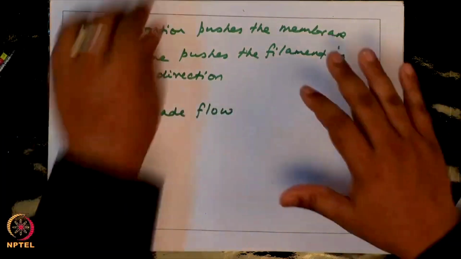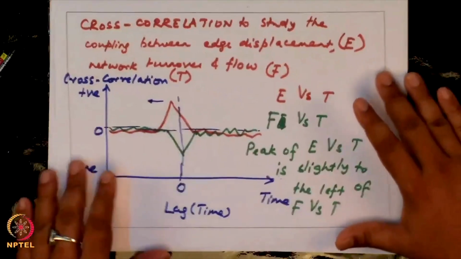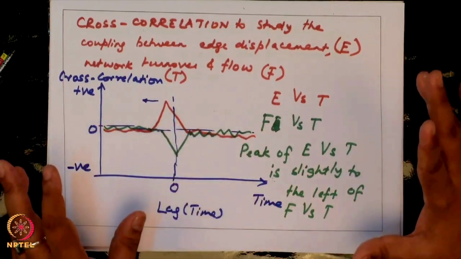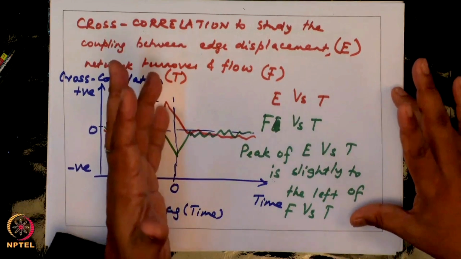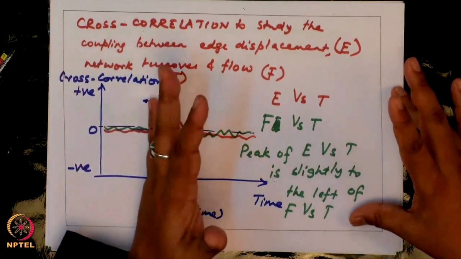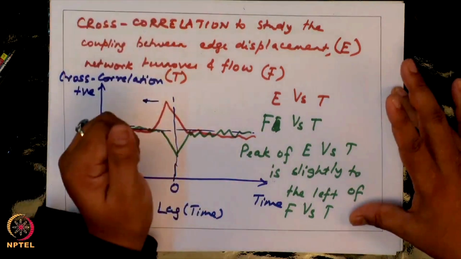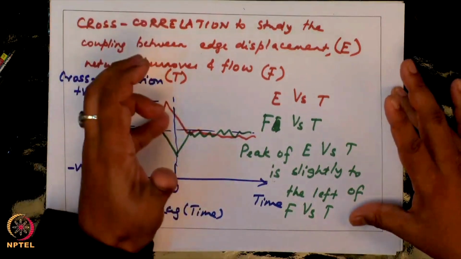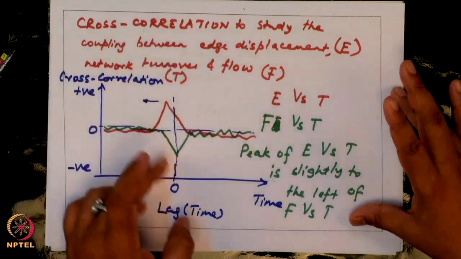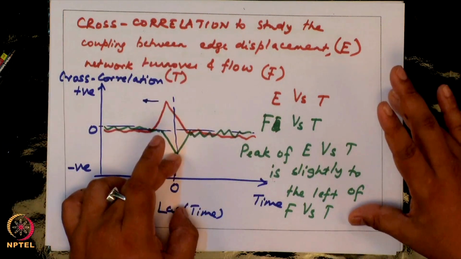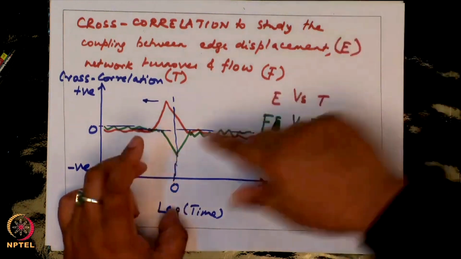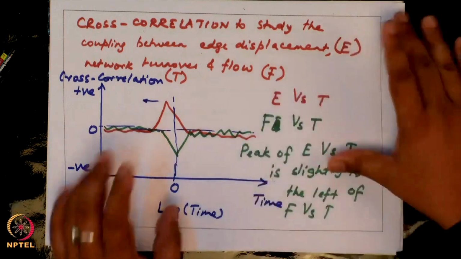So, once again this is the time sequence of events in terms of cross correlation. You have a peak in edge versus turnover, and right after that positive peak, when the edge moved ahead, the correlation dropped. There was a corresponding flow, and this flow was backward, because the turnover is positive, the flow is backward, so you have a negative correlation.